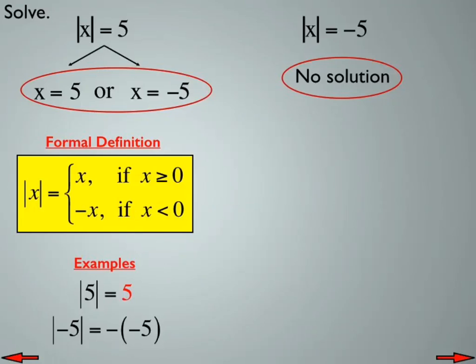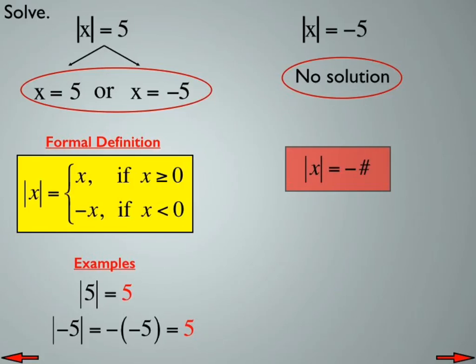Whereas when we have the absolute value of -5, the absolute value of a negative number, which is basically what this part is saying, if x is a negative number, then it's the opposite of the number that you see between the absolute value bars. So the absolute value of -5 is the opposite of -5, which is 5. And I think that's fairly obvious. But I just wanted to show you how that correlated to the formal definition.